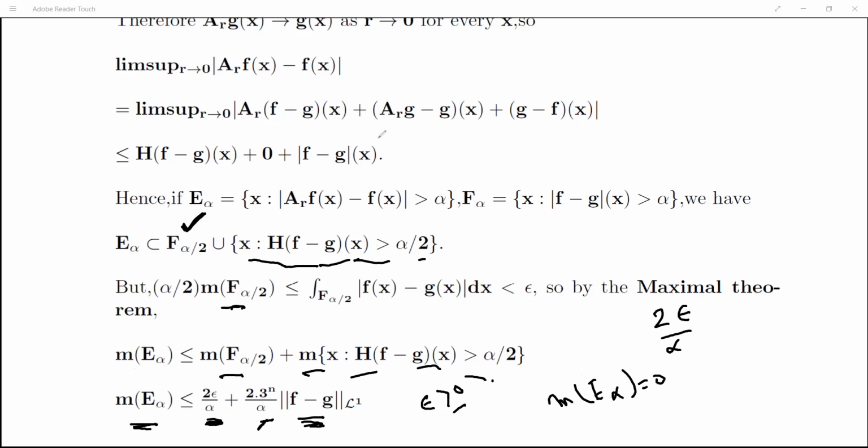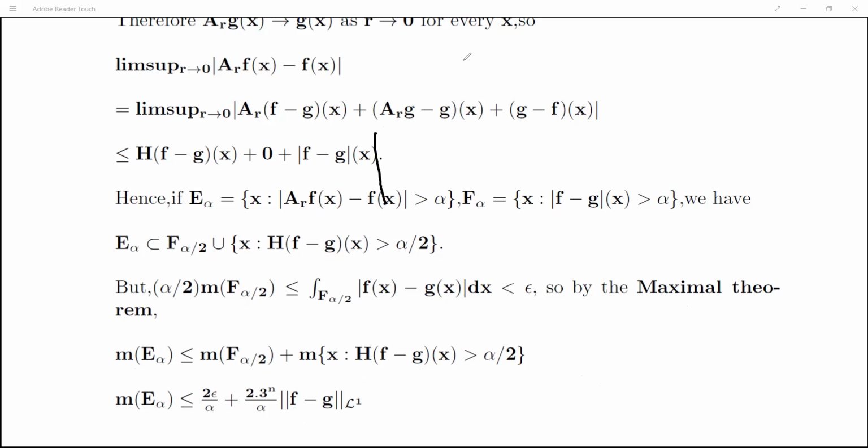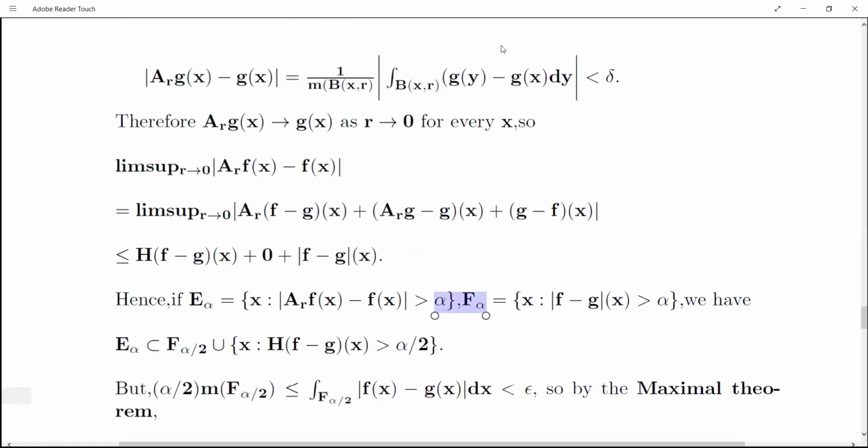So what we have done is that for a fixed alpha, I was looking at the set of all x such that mod of ARF minus F is greater than alpha, and we have shown that the measure of that set is equal to 0.